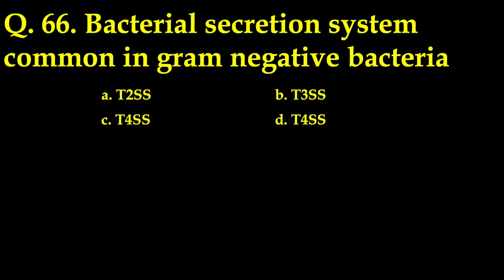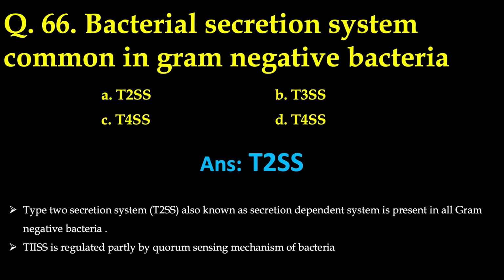Bacterial secretion system common in gram-negative bacteria. For this question, there were 4 options: T2SS, T3SS, T4SS, and T4SSS. The correct answer is T2SS.